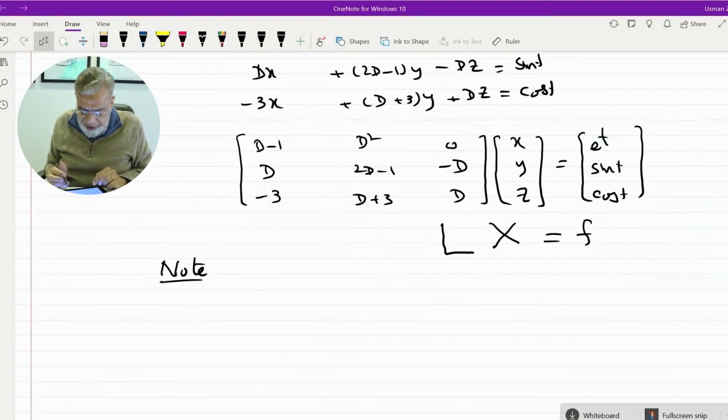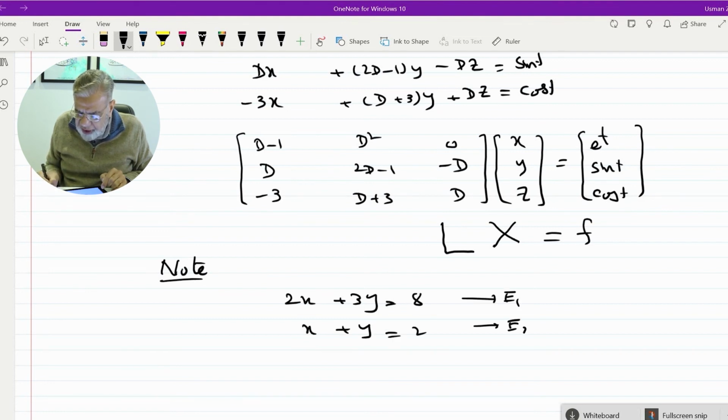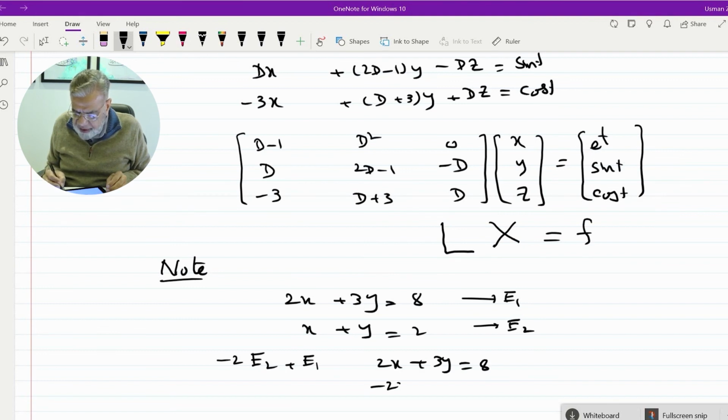For example, I have the linear equations 2x plus 3y is equal to 8, and x plus y is equal to 2. This is my equation 1, and here is my equation 2. I want to eliminate x or y to find the values. For example, I multiply the second equation by minus 2 and add it to the first equation. So I get 2x plus 3y is equal to 8, and minus 2x minus 2y is equal to minus 4.